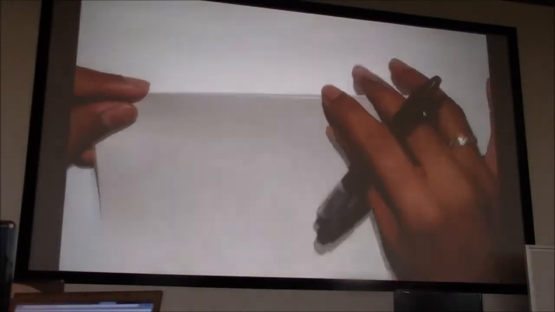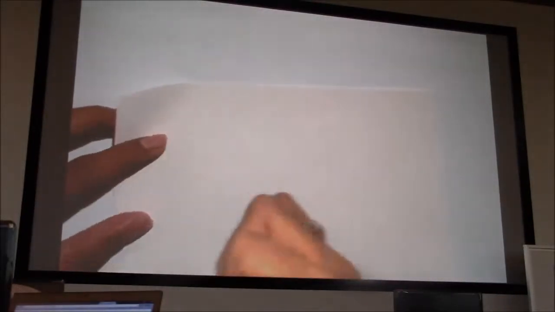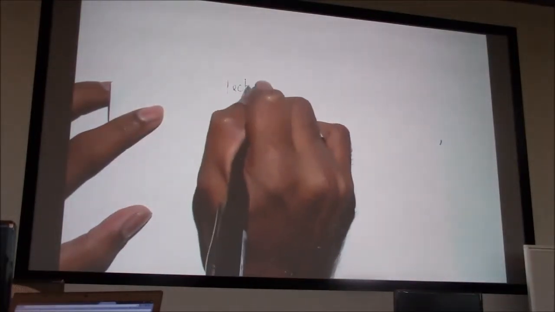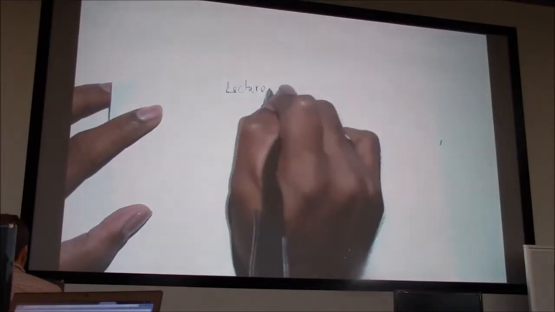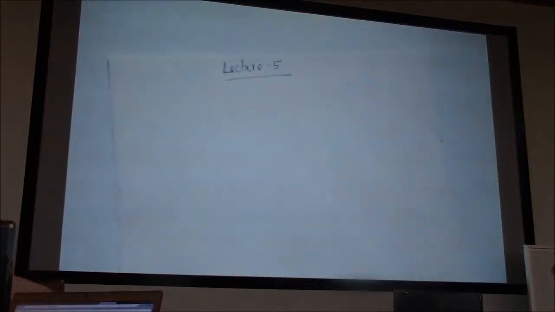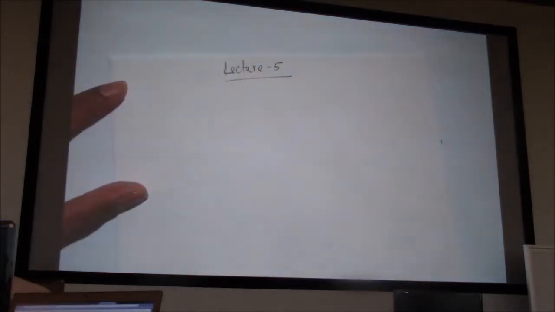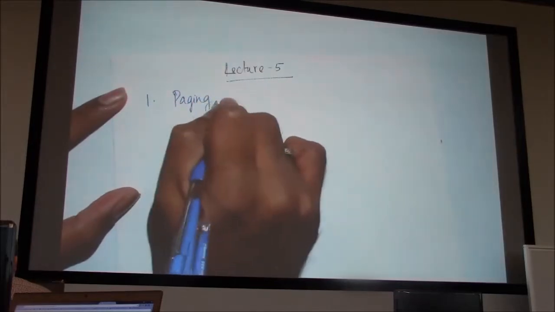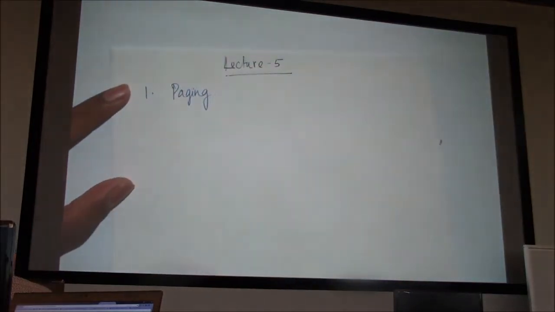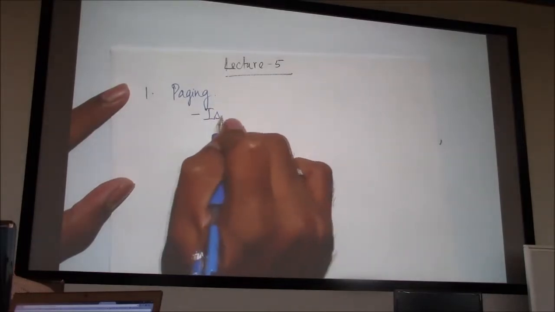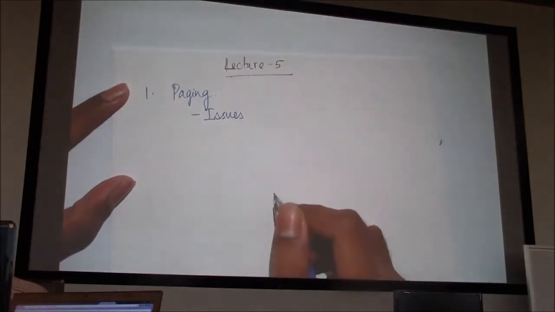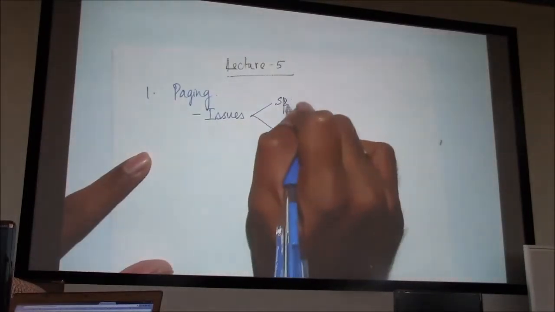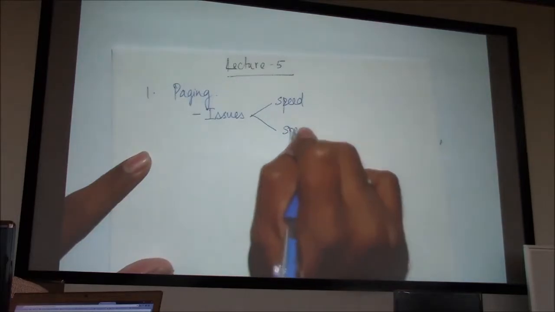So in today's class, the main ideas that we're going to discuss are, first, we're going to review paging quickly. Then the important thing here is that we are going to discuss the issues with paging. There are two issues with paging, with respect to speed and with respect to space.